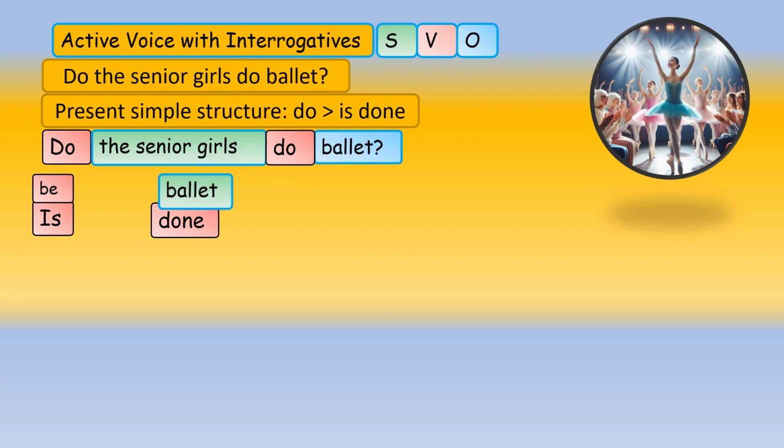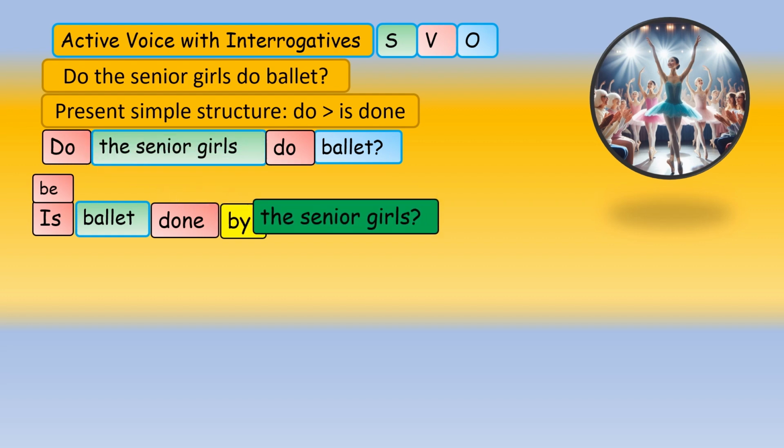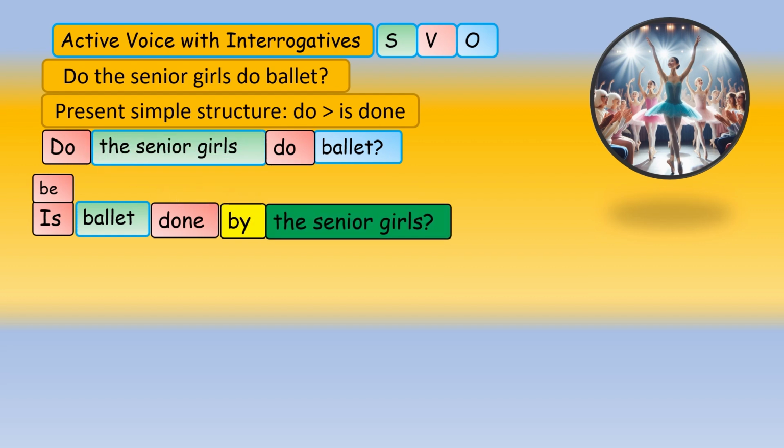So let's add the subject now. Is ballet done by the senior girls? Passive voice. So, do the senior girls do ballet? Is ballet done by the senior girls? Passive voice.